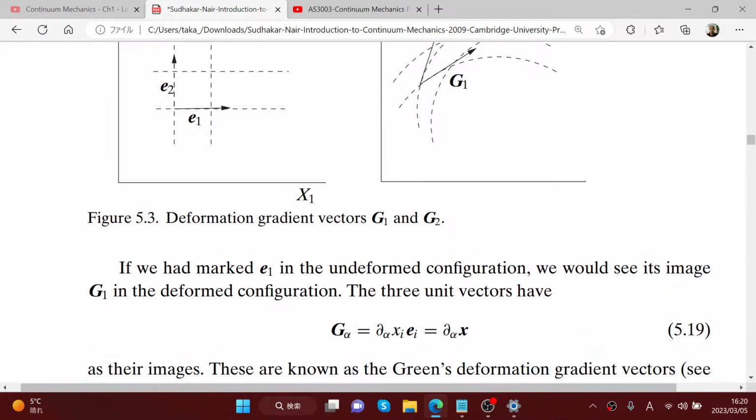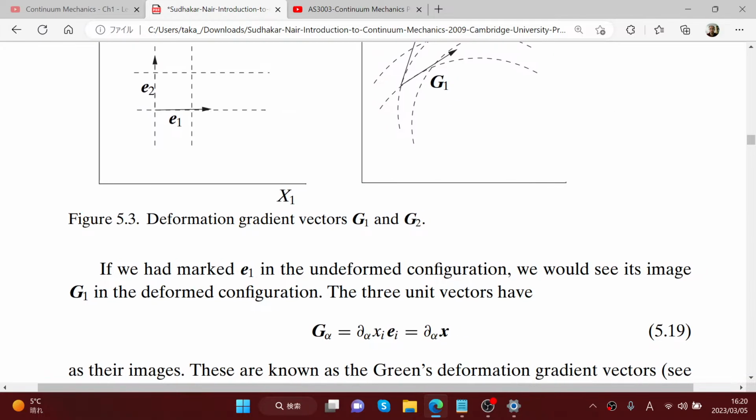If we had marked E1 in the undeformed configuration, we would see its image G1 in the deformed configuration.